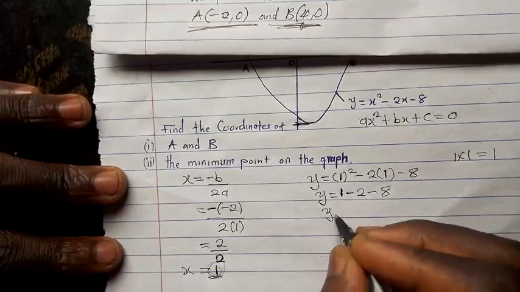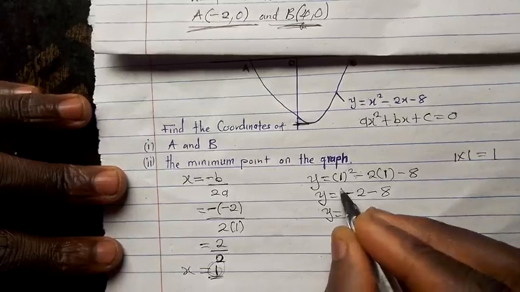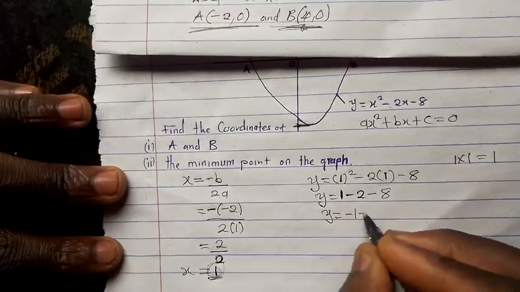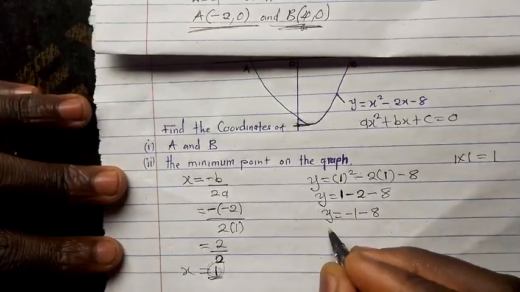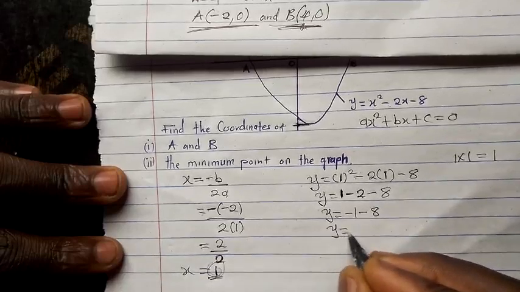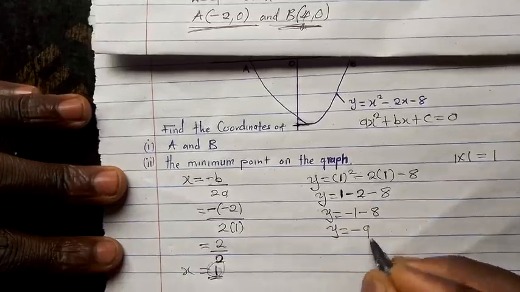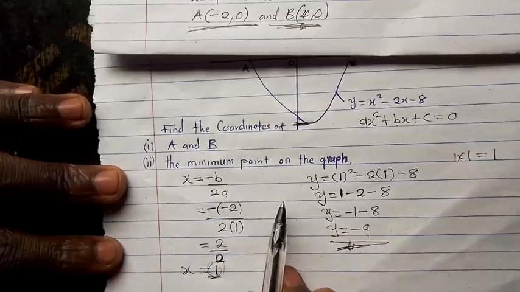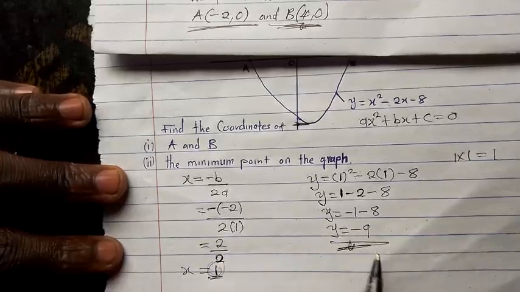So y is equal to 1 minus 2. I'm going to get negative 1 minus 8. Then the value of y is going to be negative 9. So this one here is our minimum point on the graph. So in this part here, we are done.